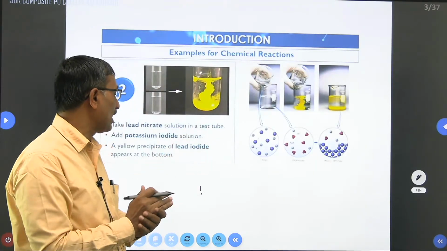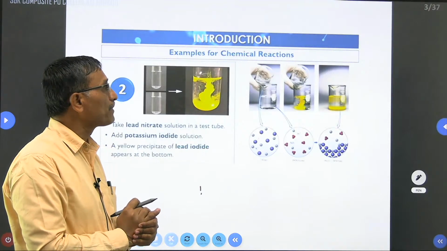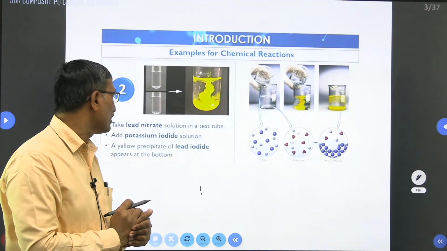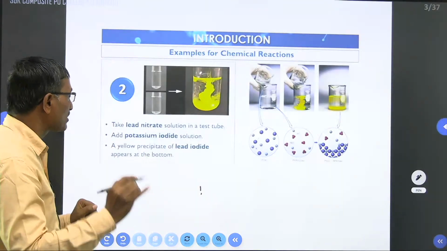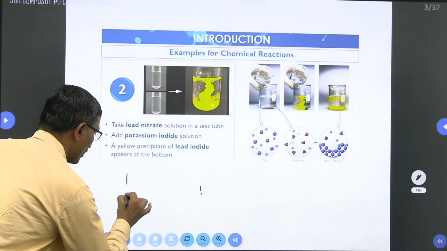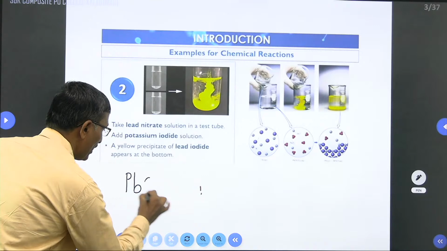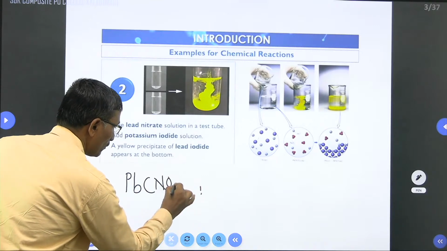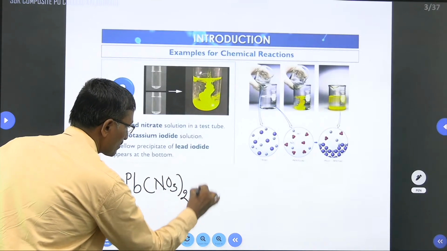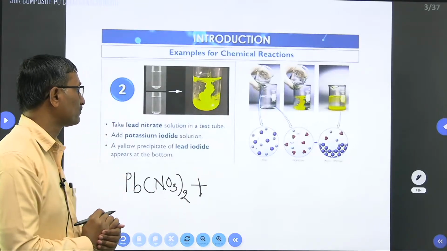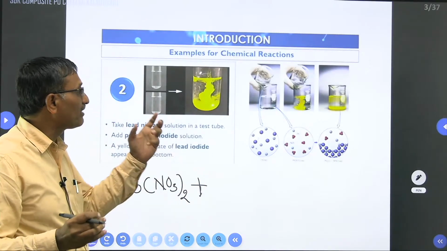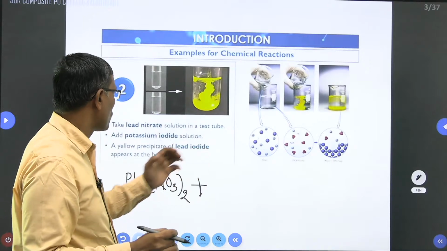Now I will take a few examples of a chemical reaction. You know students, lead nitrate, whose formula is Pb(NO3)2. I have taken lead nitrate, an aqueous solution of it, in a test tube.